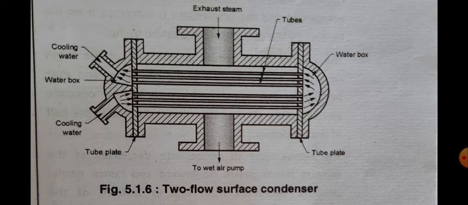First, shell and tube type surface condenser: surface condenser in which exhaust steam passes over the series of tubes through which the cooling water is flowing.